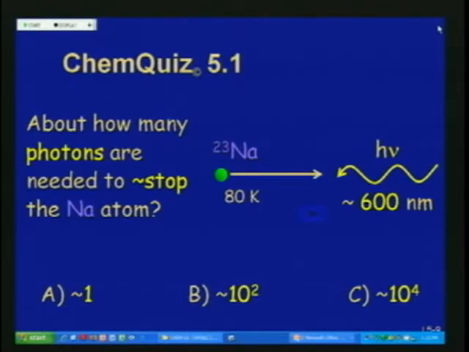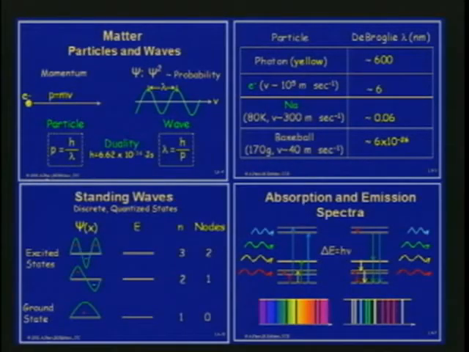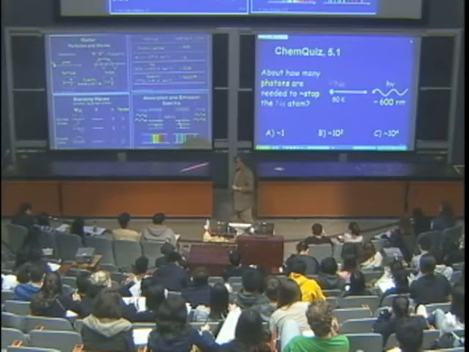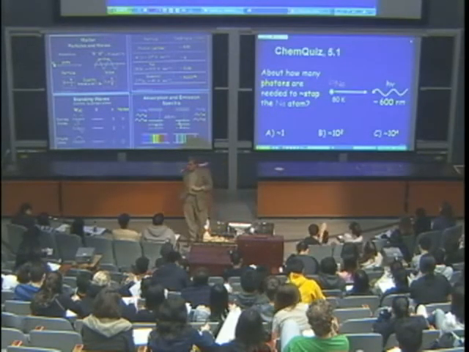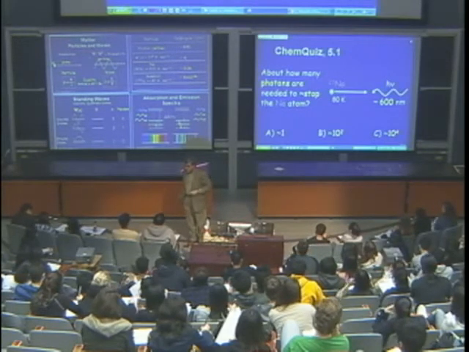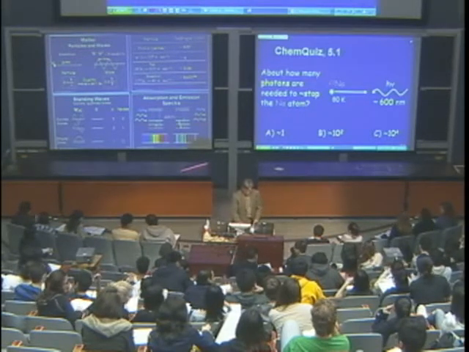And the momentum for this here is h divided by the wavelengths. So you know the momentum of the sodium atom, okay? Now, you can calculate the momentum of 1 photon at that wavelength. And then look at the equation and see how many of these photons you need to get equal to that. Why don't you discuss this with each other, and we'll see what you come up with.